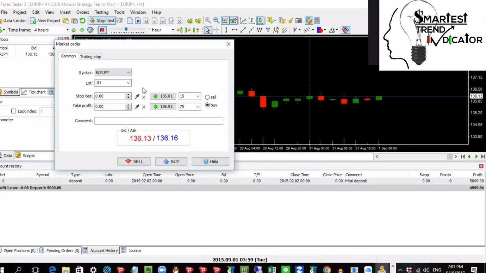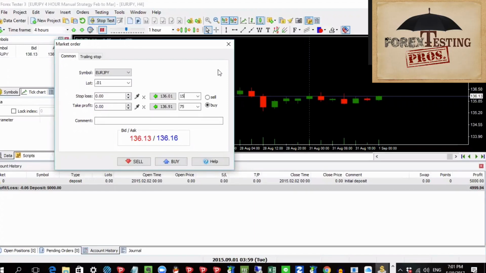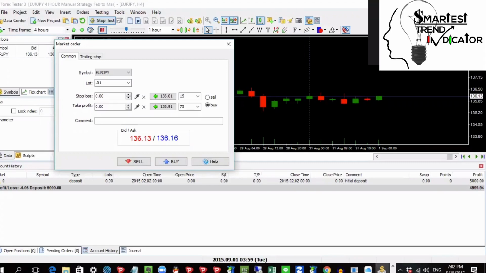Keep in mind that this is not even using the smartest trend indicator. This is just the strategy without the indicator, and the results are pretty good. With the indicator, it would be amazing.